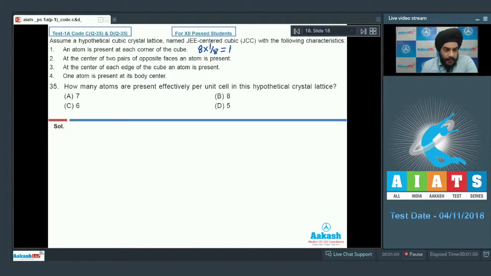Let us look at the second option. At the center of 2 pairs of opposite faces, an atom is present. So there are 6 faces and it is said that there are atoms present at 4 face centers and their contribution is half each. So that will be another 2 atoms. Let us look at the third option now. At the center of each edge of the cube, an atom is present. So there are 12 edges and the contribution of each edge to 1 cube is 1 upon 4.